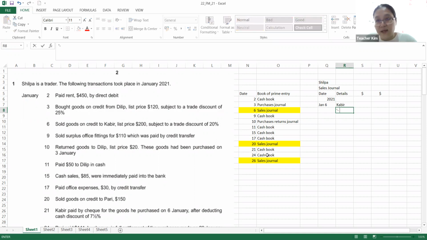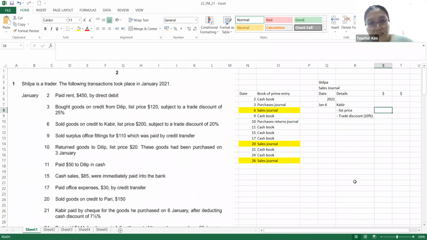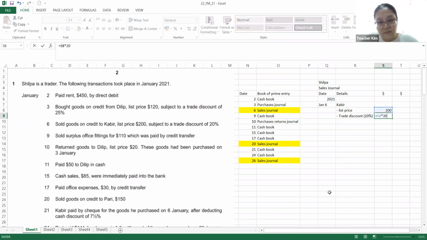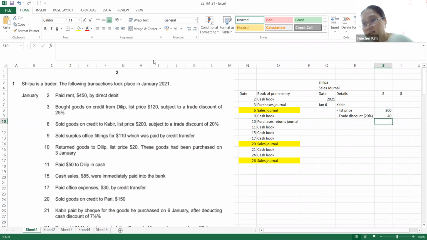So put the list price. And then we have the trade discount, 20%. Okay, so the list price is 200. 20% times 200. So we get 160.